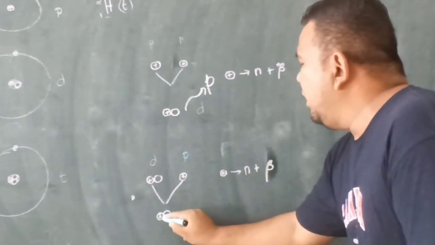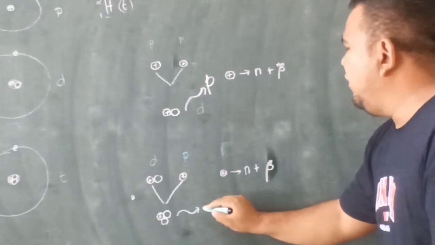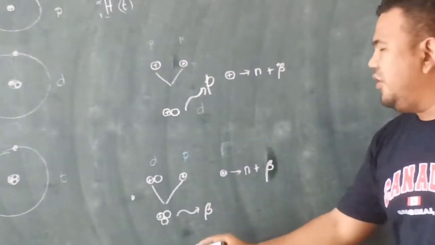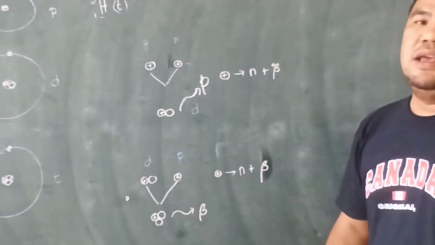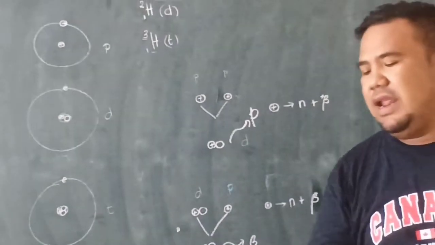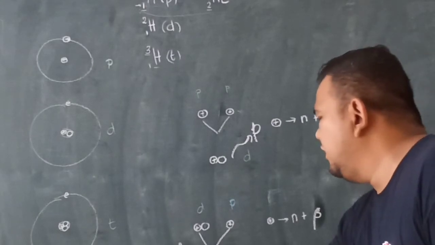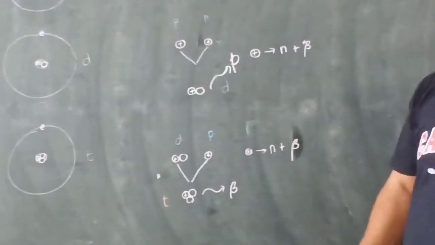Therefore, it becomes a neutron here, then it gives off a beta radiation. So you have already 1, 2, 3 nucleons. So you have now a tritium. This is tritium, 3.